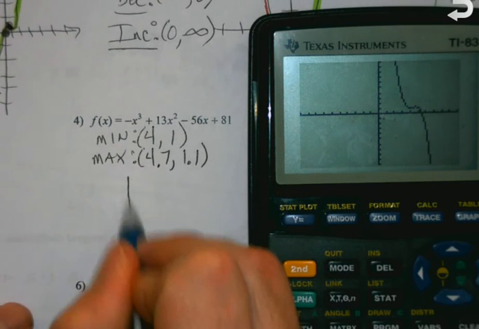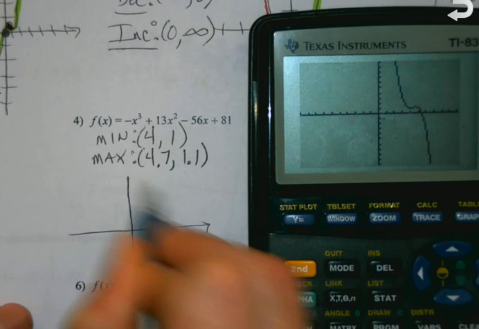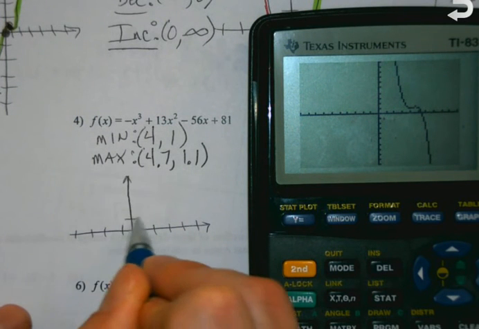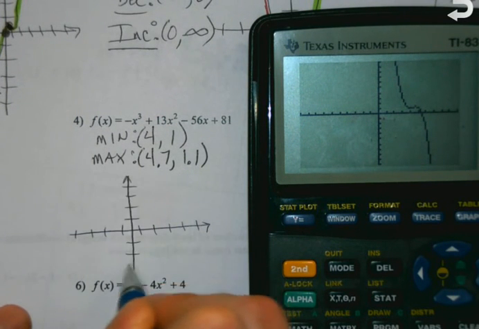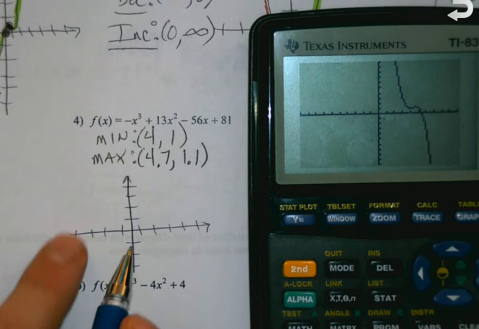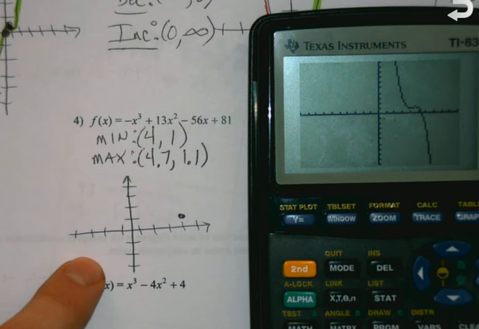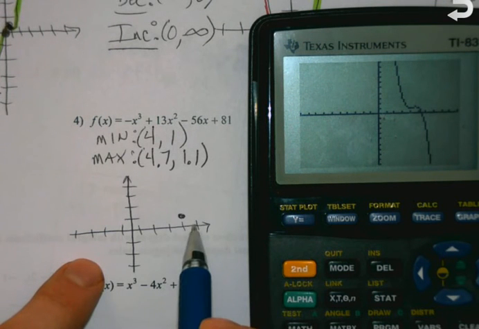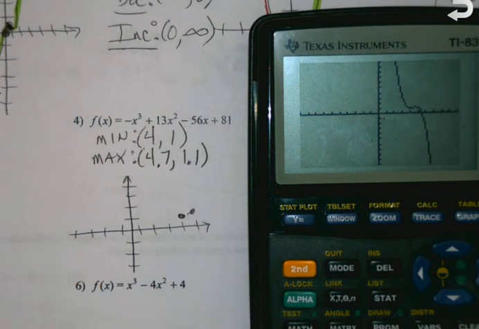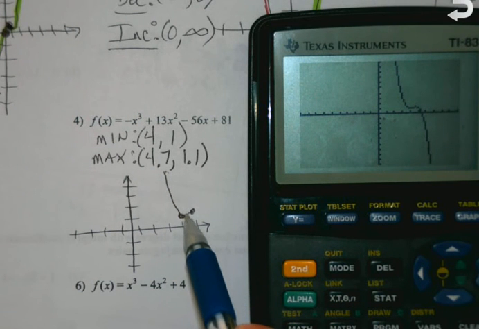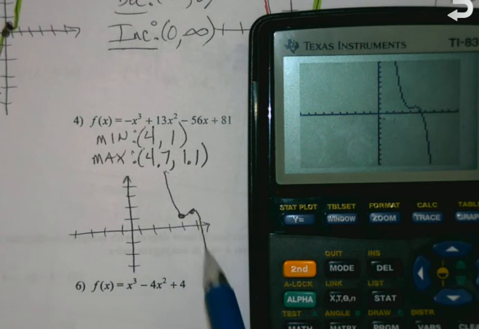Now when I go to draw, again, I just need a sketch on this. I've got a minimum value at 4.1, and I have a max at 4.7, 1.1. So it's not a whole lot further up. Again, I'm going to sketch what I see. There's my min. It comes up to a max and then heads back down again.